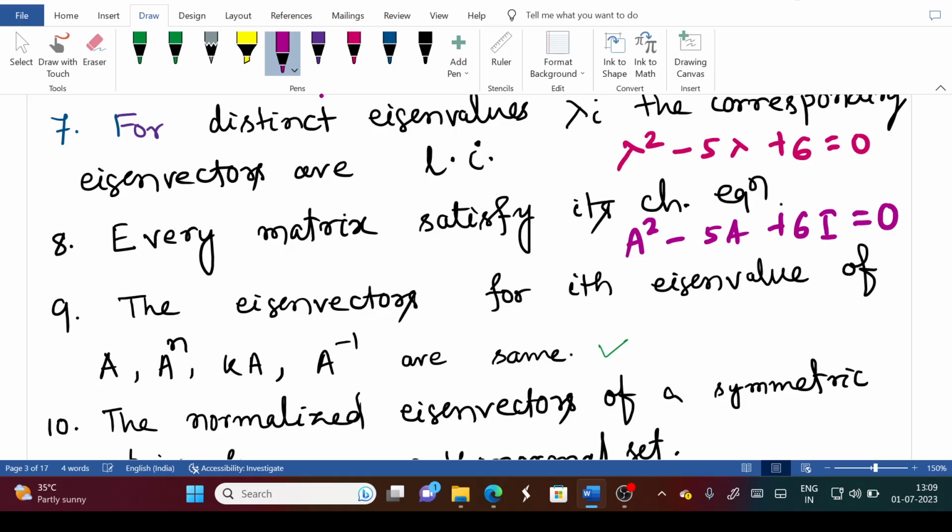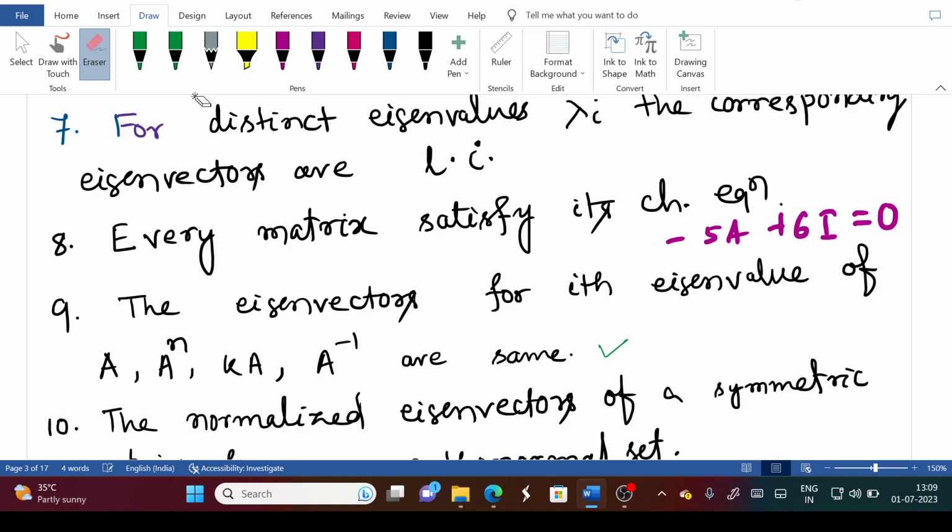So every matrix satisfies its characteristic equation. This property is also known as the Cayley-Hamilton theorem. Okay, so this is one of the significant properties. It simplifies the evaluation of A to the power n very comfortably.